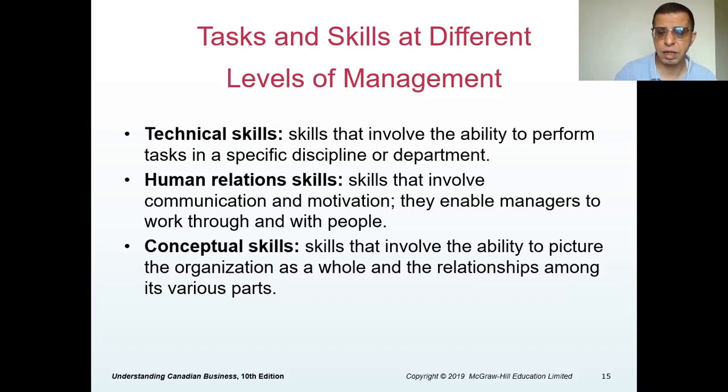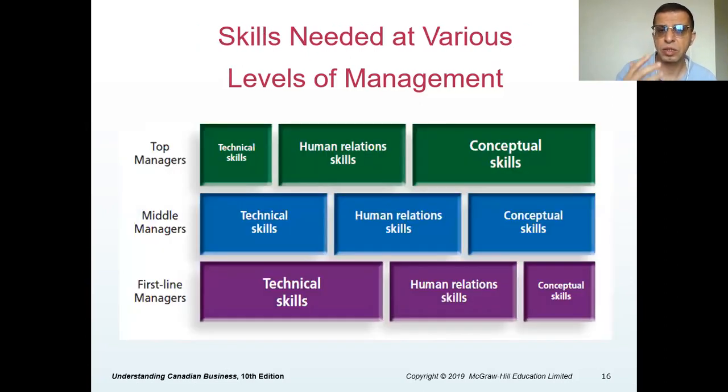You can see in the next slide, here's the top manager. He doesn't need that much of the green part, that much technical skill. But when it comes to the conceptual skill, he must be very strong, and fine in the human relationship skill.